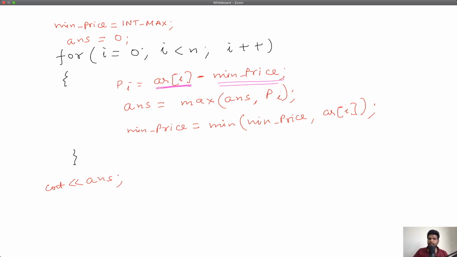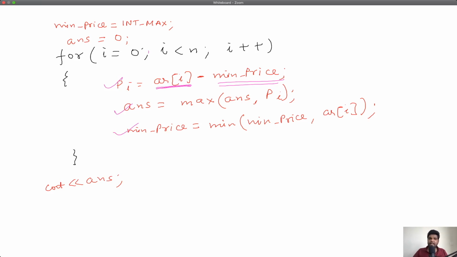I compute that, and I know that my answer is the maximum of all these PI, so I keep taking my maximum also. And the minimum so far till i minus 1 now has to be updated to the minimum till i, so that for i plus 1 you can use that. So that is the third line.